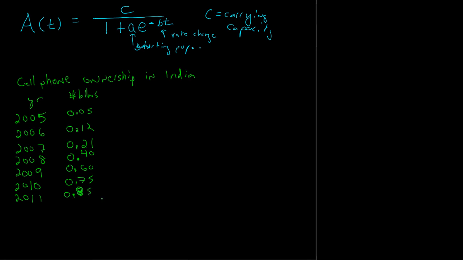All right, so if I were given this as a problem to make some model to predict the future, right? So that's what we want to do. We want to predict future cell phone subscriptions or service, right?